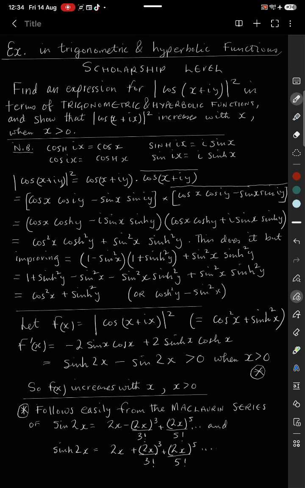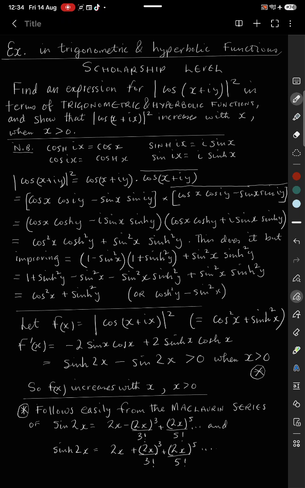Okay, so let's start. We have |cos(x + iy)| squared, and that's equal to cos(x + iy) times the conjugate of cos(x + iy). That's from basic complex number theory.